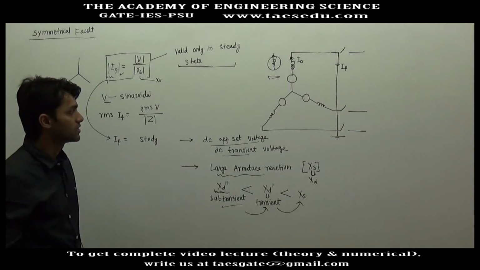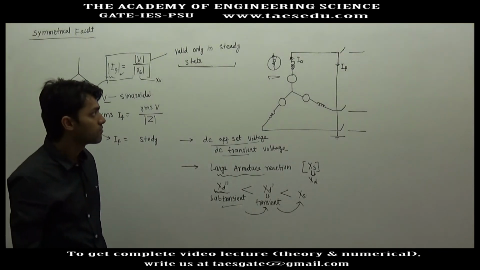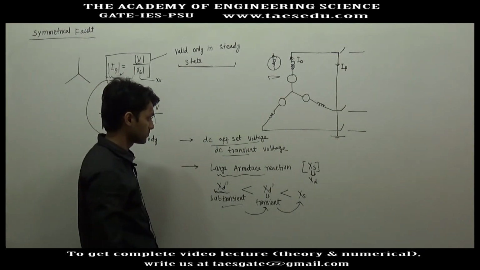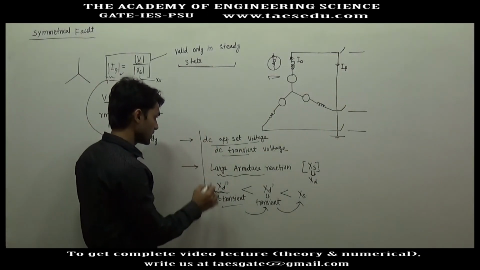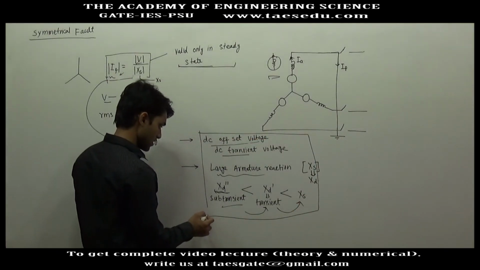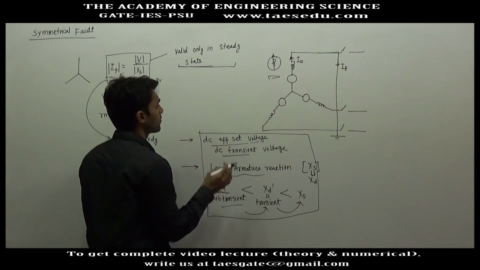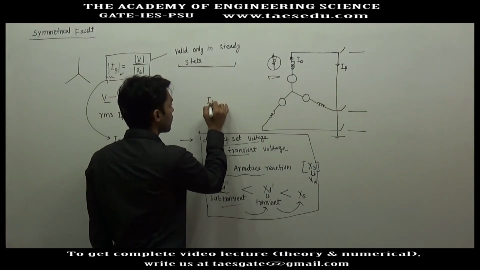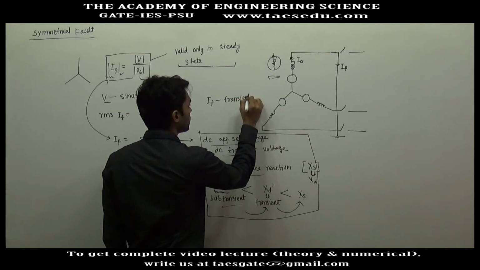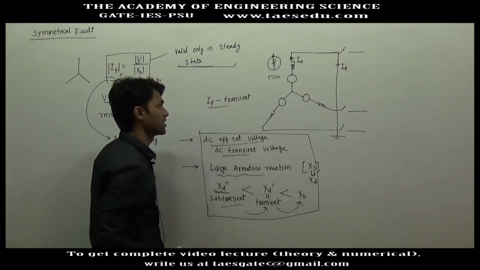Okay, but at the time when the fault is initiated, the circuit will be in high transient. So in the next lecture, we will study these two factors, and we will try to find out the value of fault current in transient. Why do we study the value of fault current in transient?